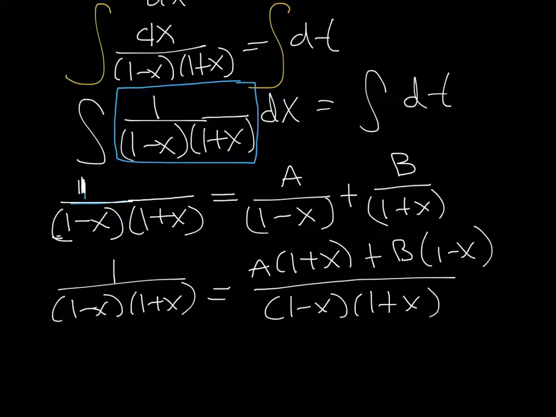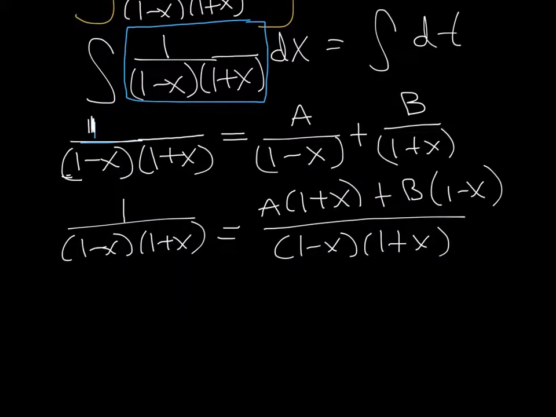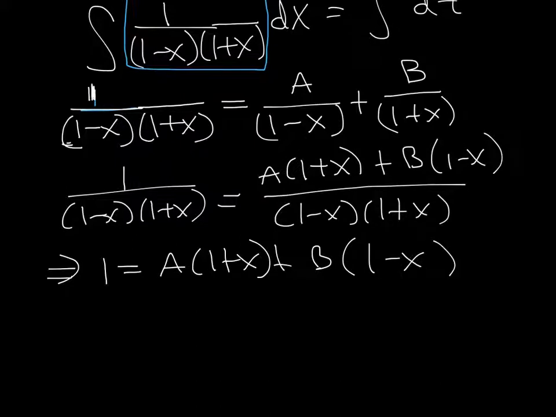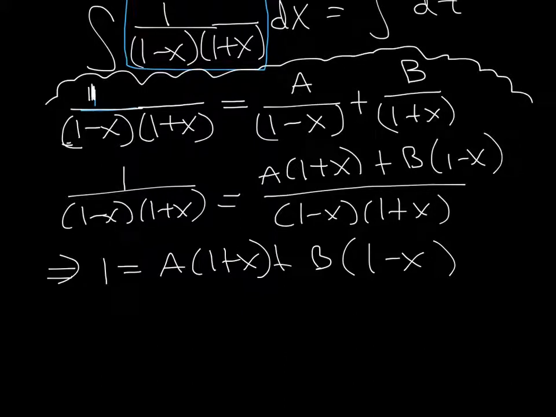Notice the denominators are exactly the same. Therefore, the numerators must be the same, since we have an equation or proportion in this case. So I know that 1 equals a times 1 plus x plus b times 1 minus x. All this is algebra right now. We're not doing any calculus, it's just algebra.